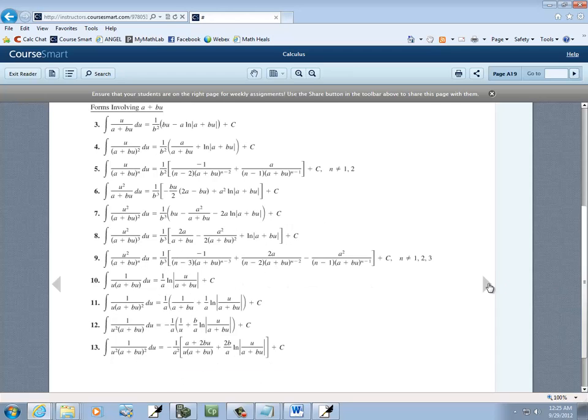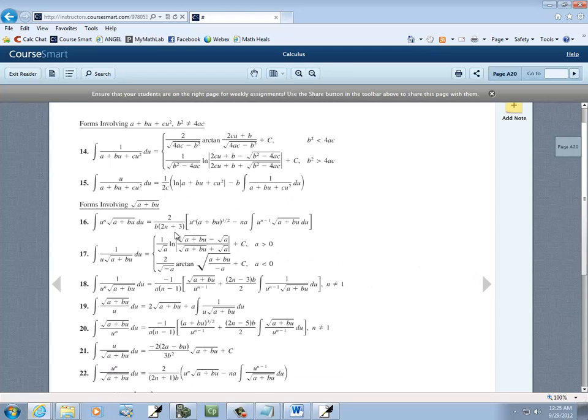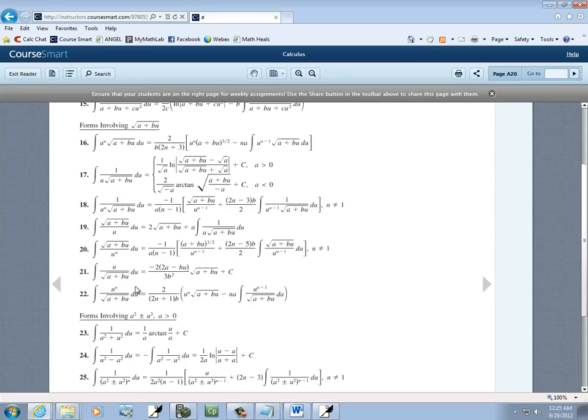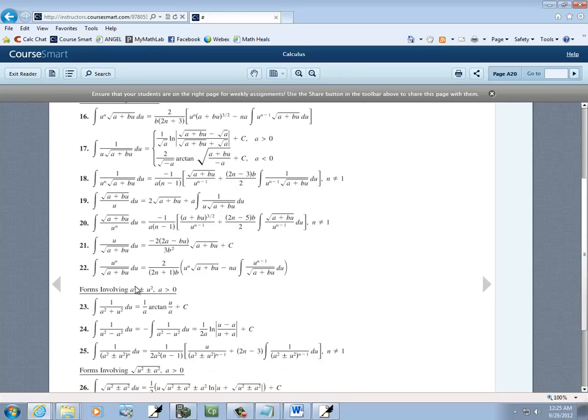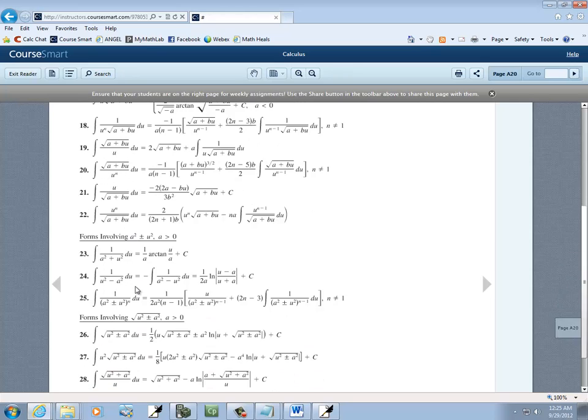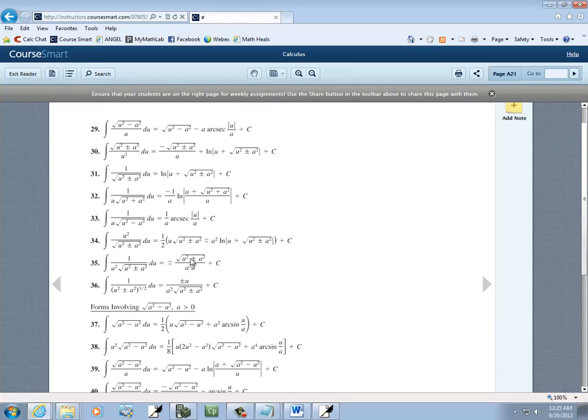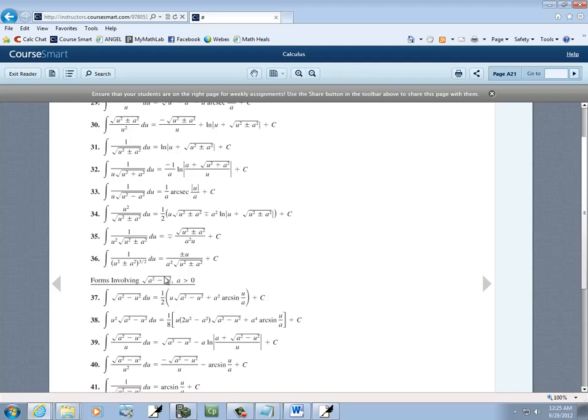No square roots here. Okay, that doesn't seem to work. I'm thinking that's the only one that's going to possibly fit, is number 35.